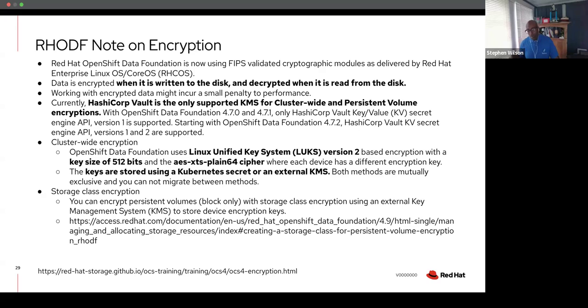As well, when we set the mode for encryption at rest, if you don't have an external key management store, it basically encrypts your keys in Red Hat OpenShift secrets. Of course, we know those are base64 encoded, and if that's fine for your security posture, then by all means, that's fine to use.